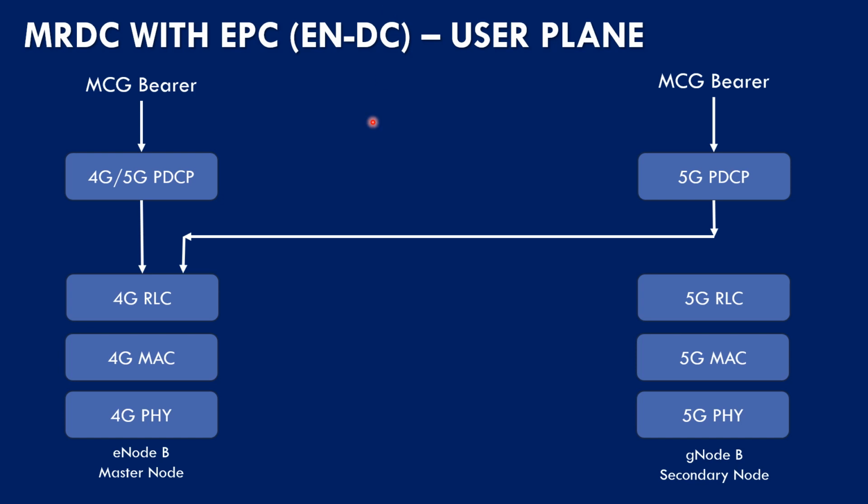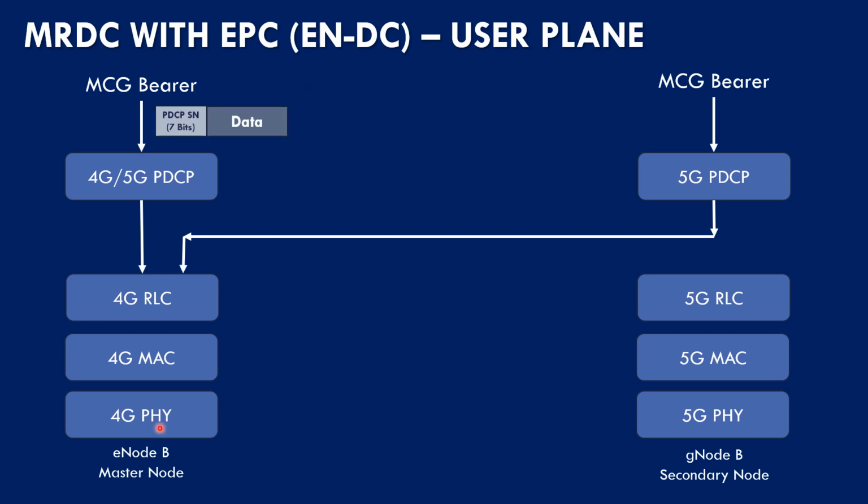Now, when to use the 4G version of PDCP and when to use the 5G version depends on the type of services we are using. Some services may benefit from the 4G PDCP version and others from the 5G PDCP version. Let us try to understand it via an example.